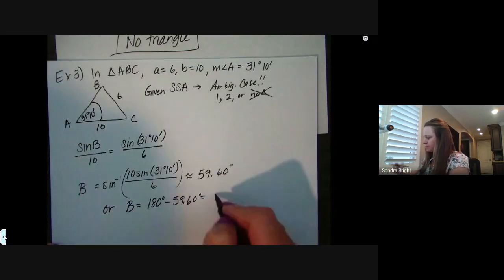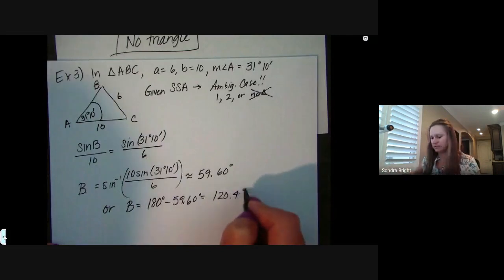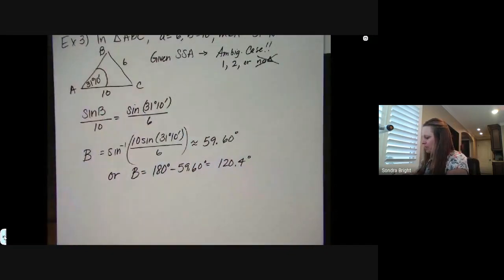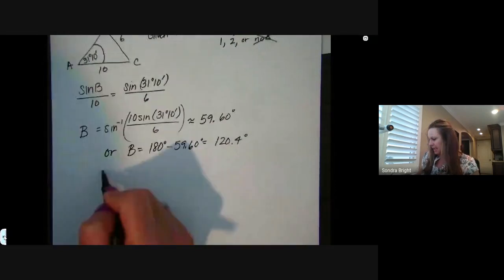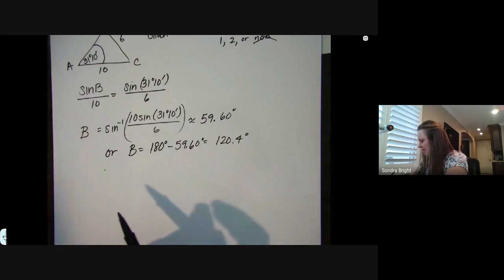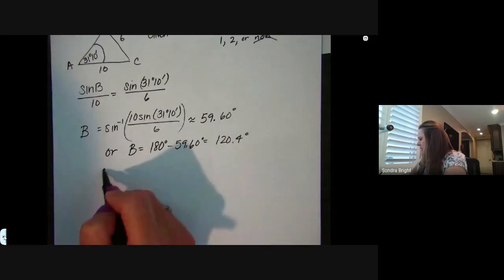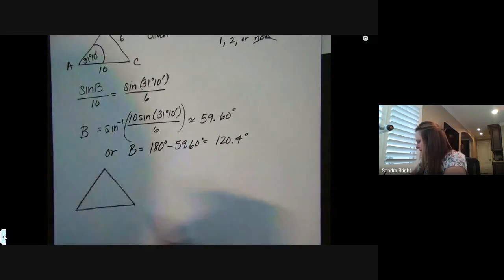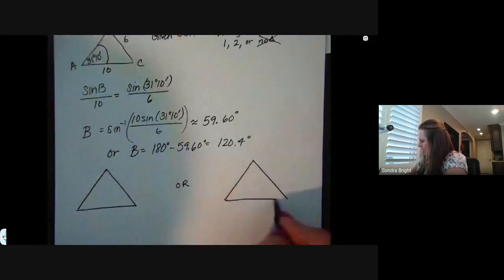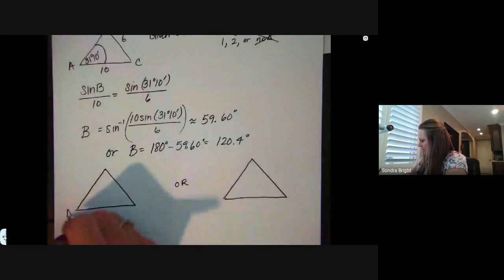Okay, so I'm going to draw the two triangles and see if both of them work or not. Remember, where you find out if they work or not is when you go to find angle C. If you get a positive angle for angle C, then we know that there are two triangles. All right, so we've got ABC, ABC.